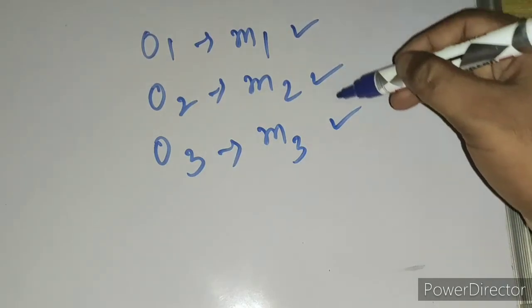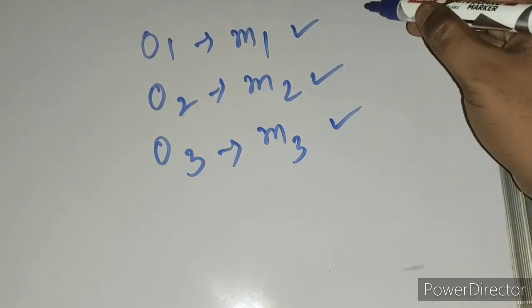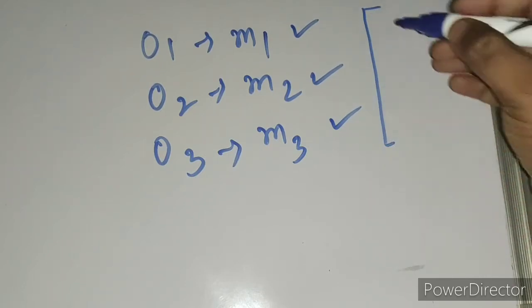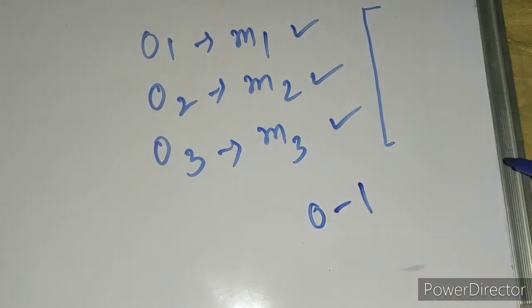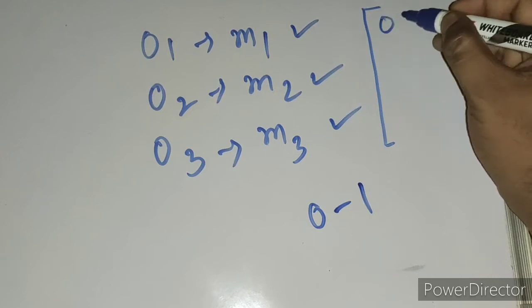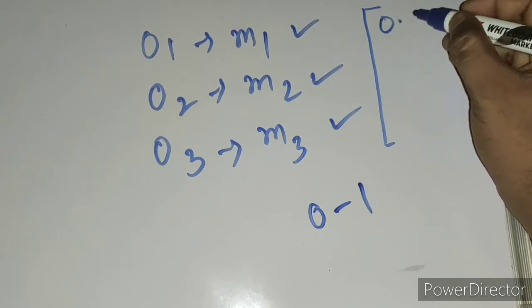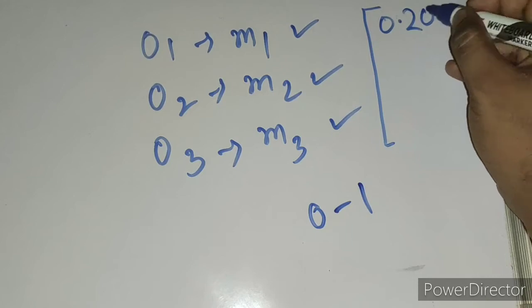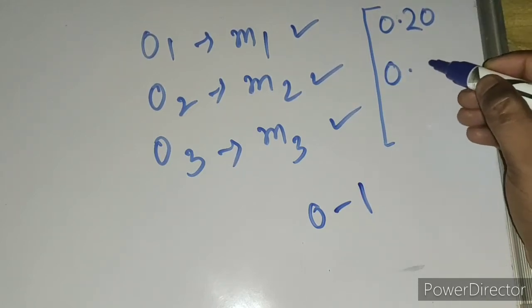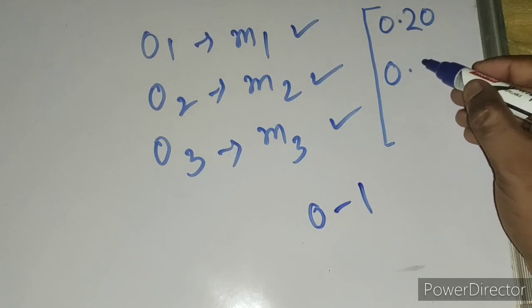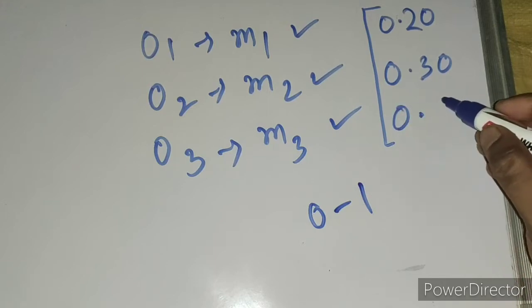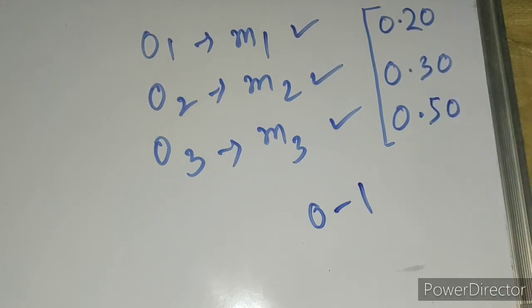So from these three models, logistic regression will produce a value between 0 and 1. For M1, suppose it found a value like 0.20, for M2 like 0.30, and for M3 like 0.50.